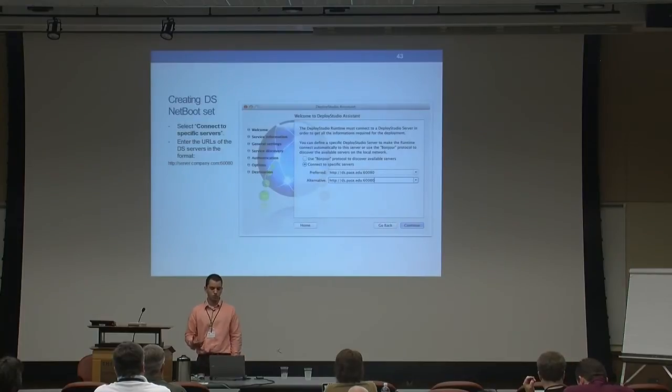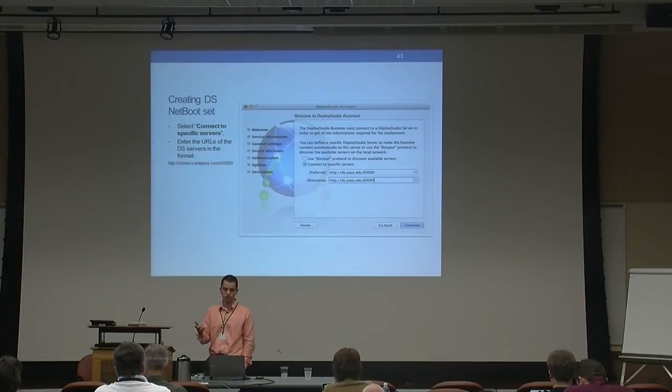Then it's going to ask you what servers the runtime tool is going to connect to when you NetBoot. I use specific servers, and because I only have one at the time, I use the same server name for both dropdowns. Just make sure it's in the proper format, though. It's http://server.company.com, and then the port DeployStudio uses is 680.